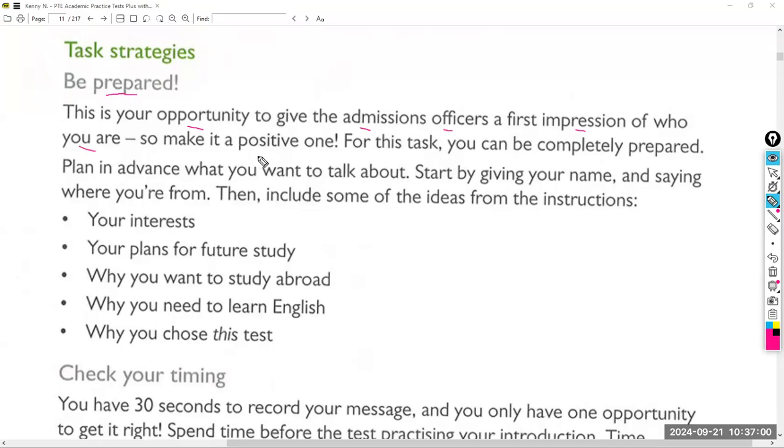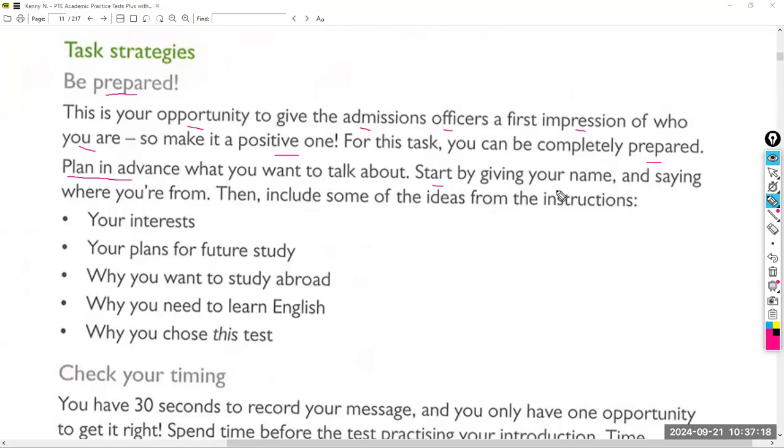So I have to make it a positive one. For this task, you can be completely prepared. I mean, you can prepare yourself, you can practice. Please, this is really important. So I have to plan in advance before the exam what I want to say.